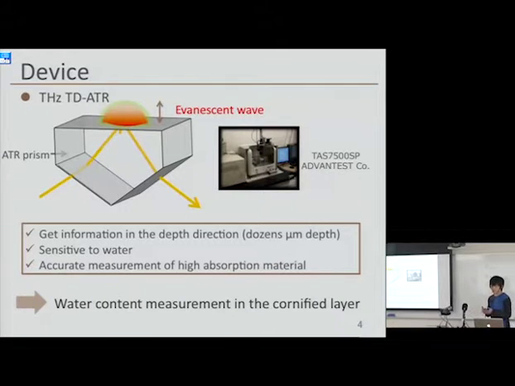Thanks to this evanescent wave, we can get information in the depth direction, about dozens of micrometers of depth, and terahertz wave is sensitive to water. And by using the ATR system, we can measure high absorption material accurately. So by using this method, I want to measure the water content in the cornified layer.